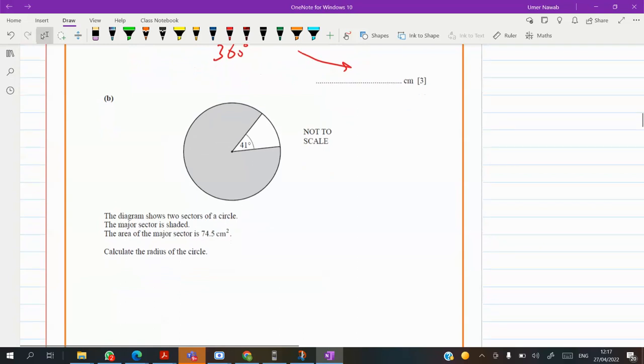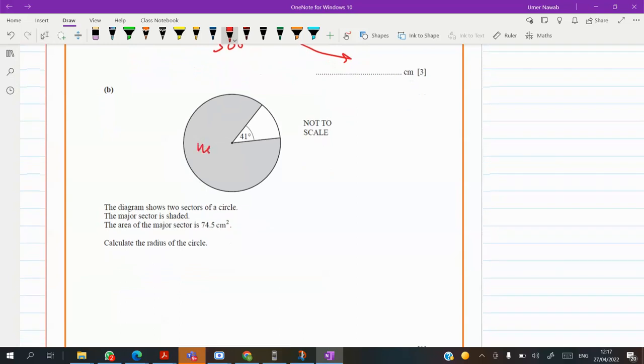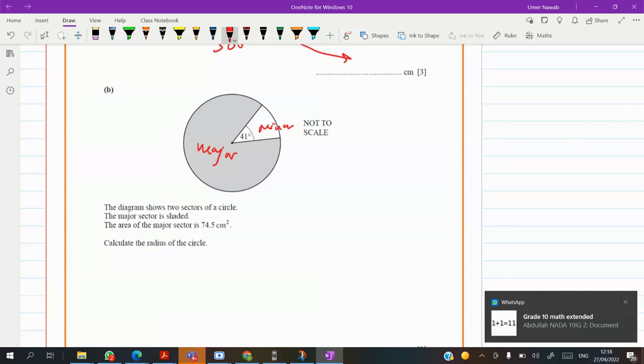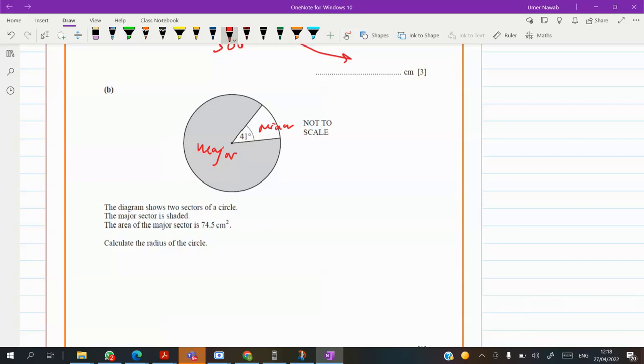Next is the major sector. Guys, this is the major sector and this is the minor sector. He said the area of the major sector is 74.5.